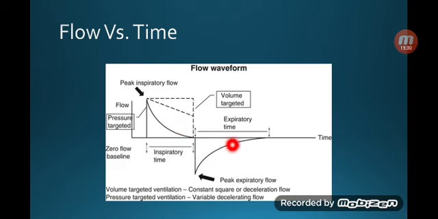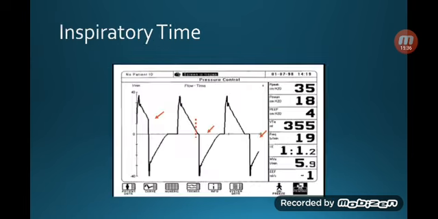And the expiratory limb should also go back to the line really smoothly, not being interrupted. Why is that important? Because that is going to tell you about your inspiratory time. Is it set too low, too long? What you need to do about it.